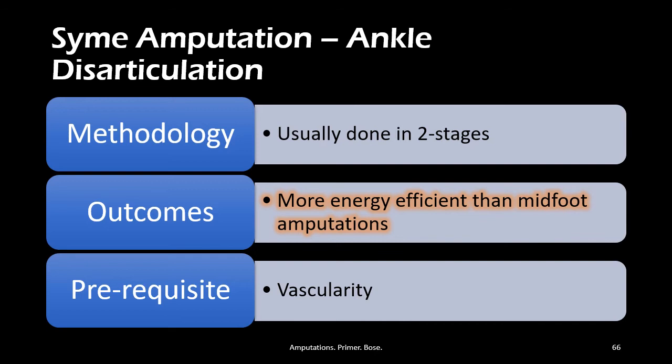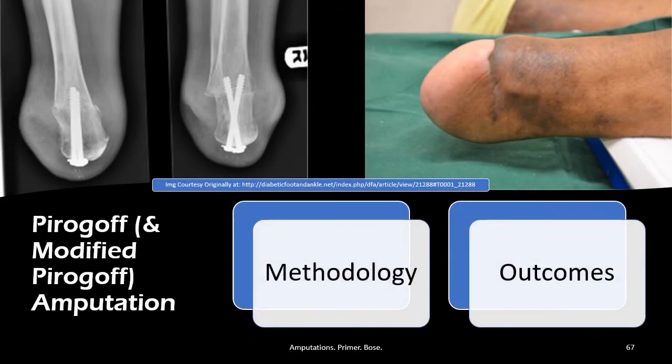The prerequisite for a Syme's amputation is that it requires an ankle brachial index of at least 0.5 and the presence of the posterior tibial pulse. The Pirogoff and the very similar modified Pirogoff involve removal of the forefoot and the talus followed by the calcaneotibial arthrodesis.